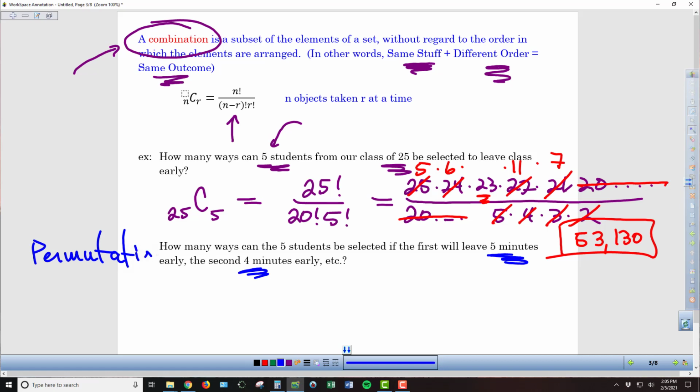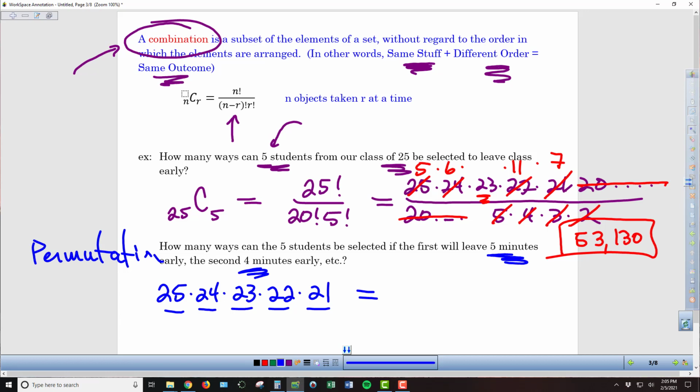Now, there is a formula for that, but in this circumstance, we could use the same counting principle approach that we had before, where for the first person, I've got 25 people to choose from. For the second, I have 24. For the third person, I've got 23 students left, times 22, times 21.